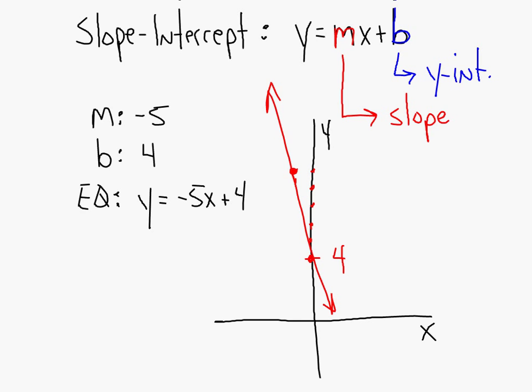Say that again. They may give you the m as 1/3, and they'll tell you that they're just going to give you a point, all right, and ask you to write an equation and graph it.